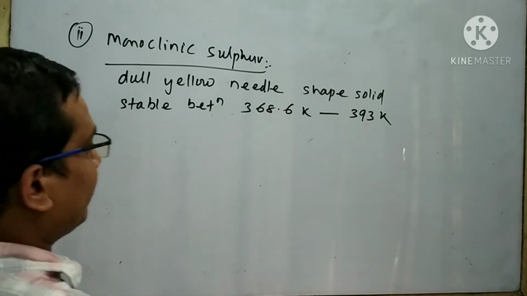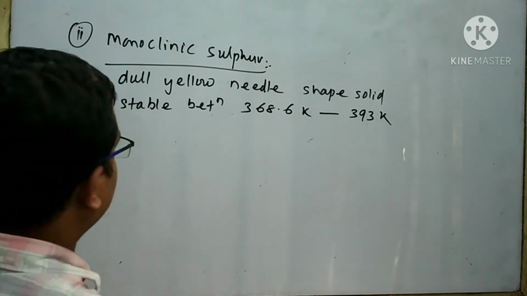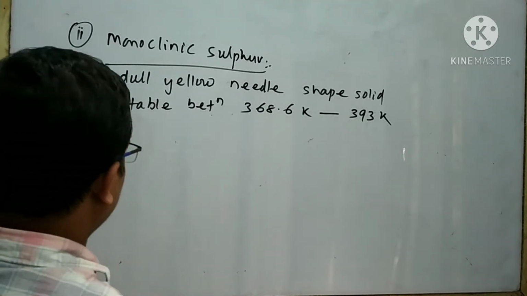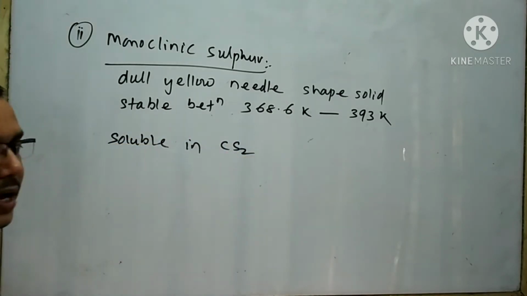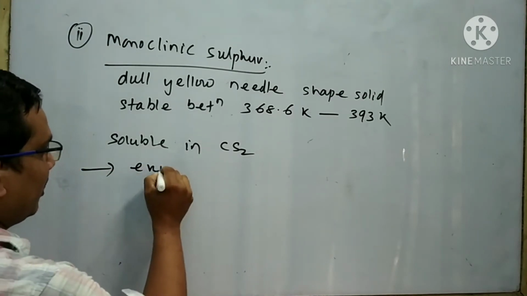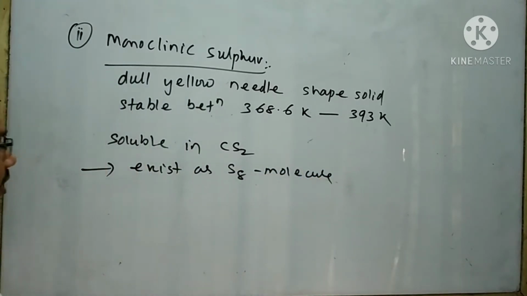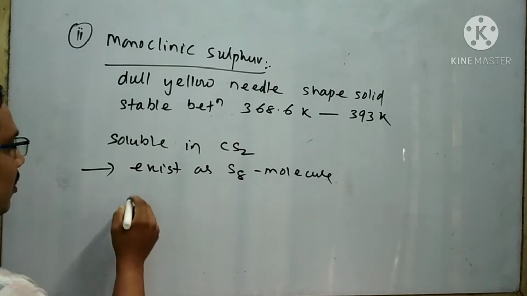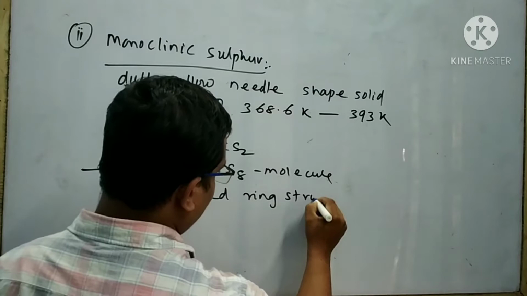Monoclinic sulfur can be converted into rhombic sulfur, and also rhombic sulfur can be converted into monoclinic sulfur. It depends upon the temperature. It is soluble in carbon disulfide. Like rhombic sulfur, monoclinic sulfur exists as S8 molecule. Like rhombic sulfur, monoclinic sulfur also has a puckered ring structure.